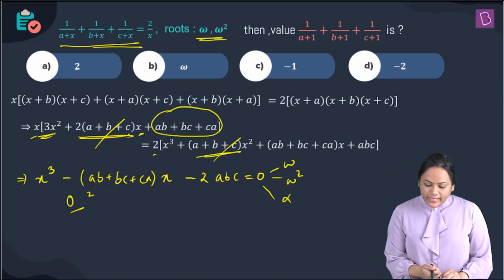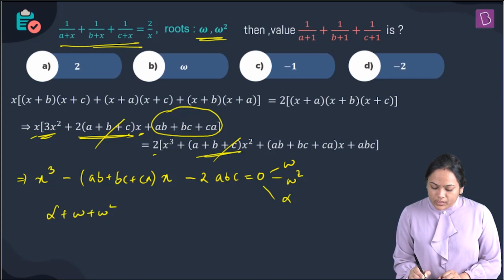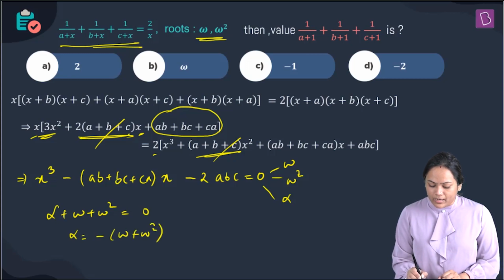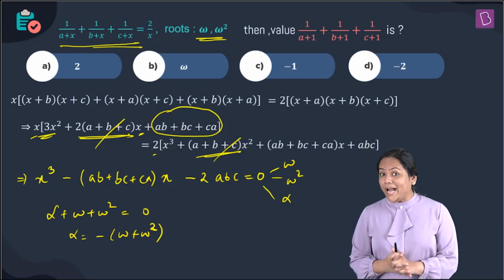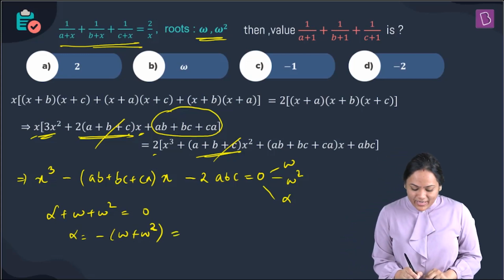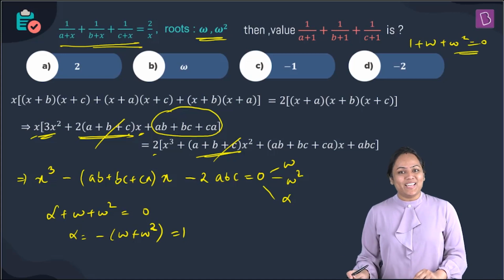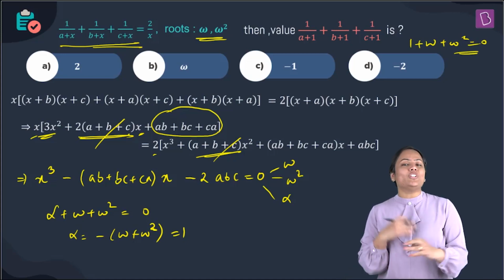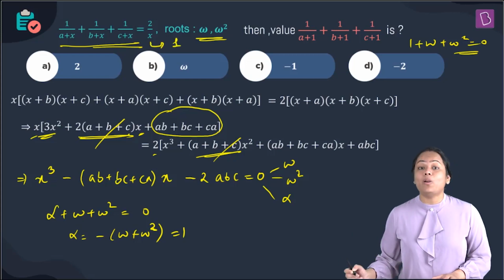That means I can say that alpha plus omega plus omega square is 0, or I can say that alpha value will be minus of omega plus omega square. And guys, what is this value? Minus omega square. Well, that is 1. That's right, because we already know that 1 plus omega plus omega square is 0, isn't it? So that means we have just arrived at the relation that the third root for this equation will be 1.